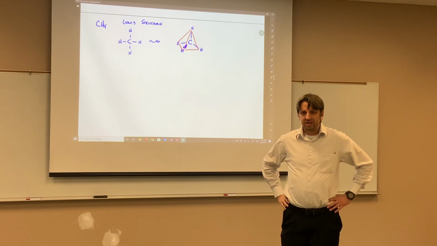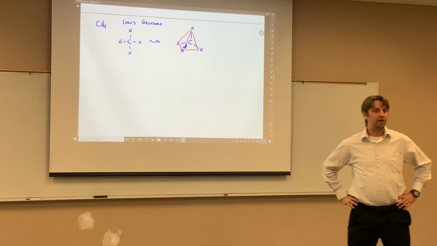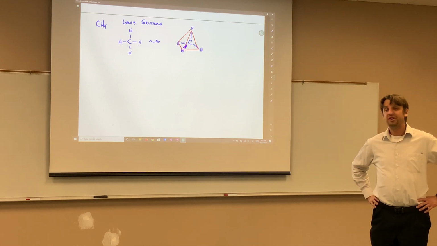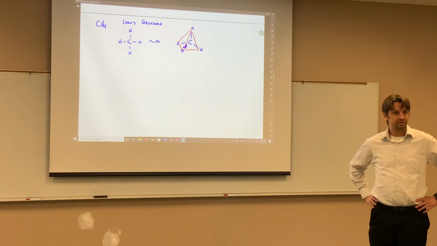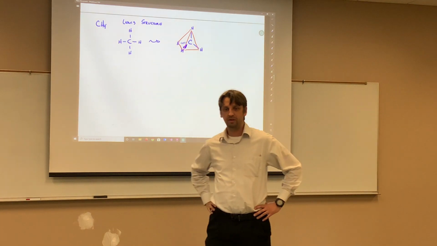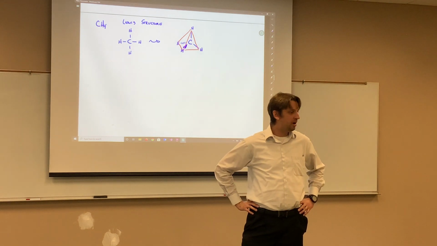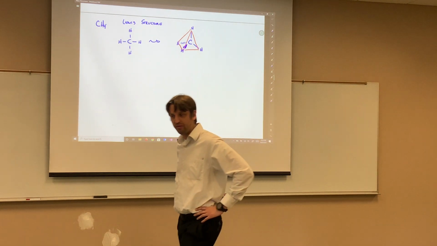You guys remember those wedge and dash things? And so every saturated alkane is a tetrahedral carbon, and its ideal bond angles are 109.5.